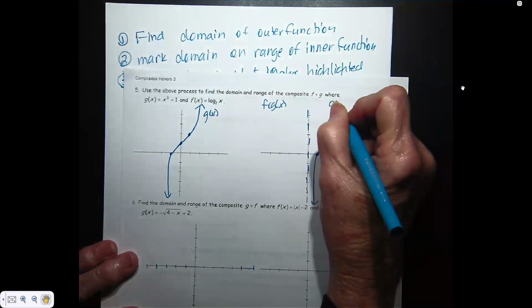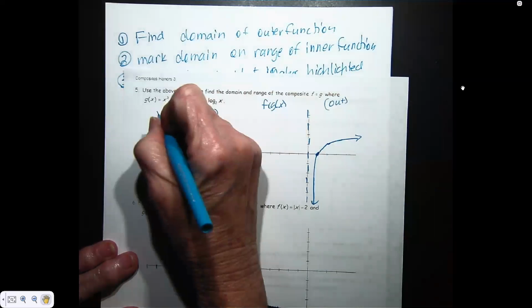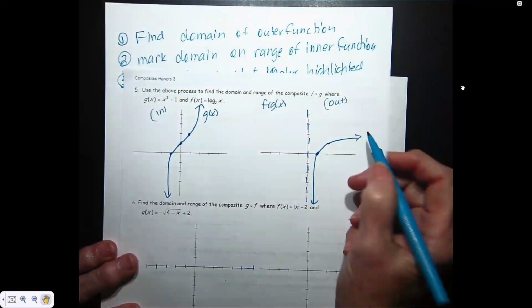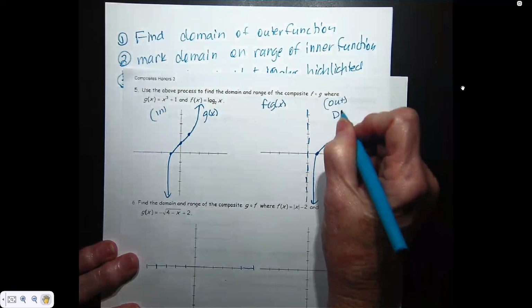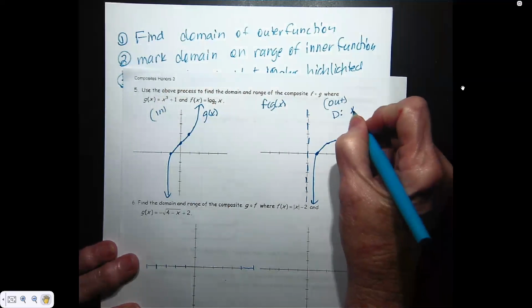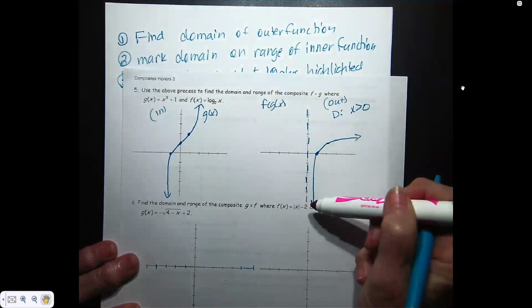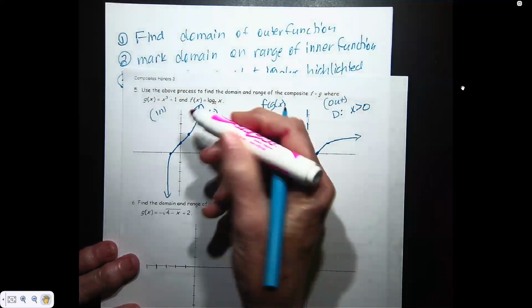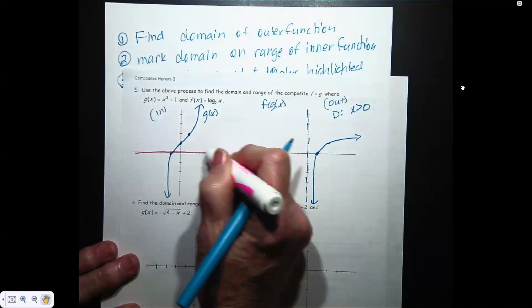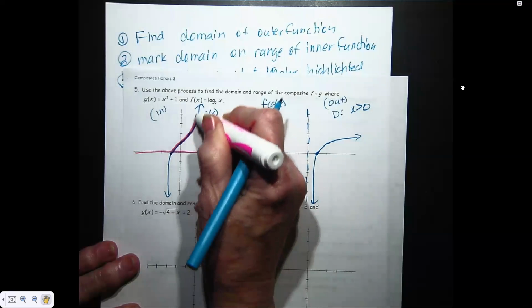Okay, so this is the outer function, this is the inner function, and then the domain of this function is x is greater than 0. Okay, so I'm going to come over to the outer function, and I'm going to take the range of that, which would be here.